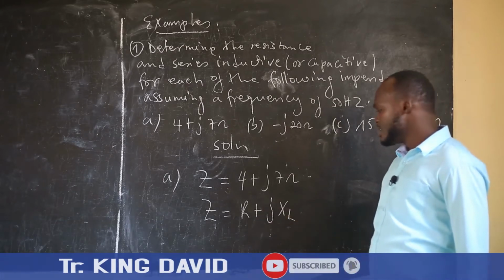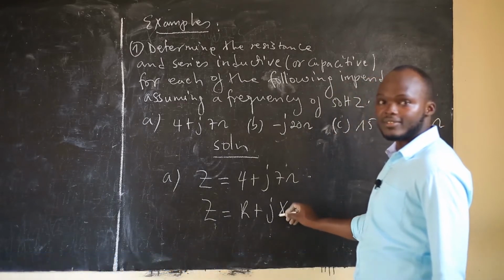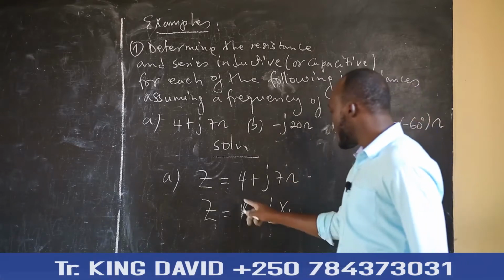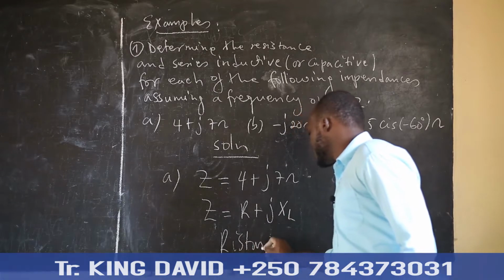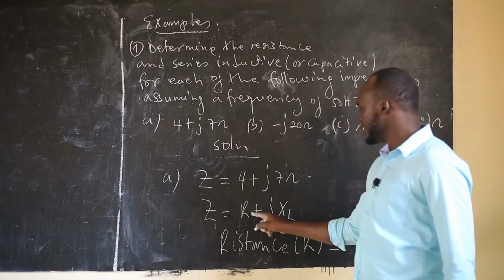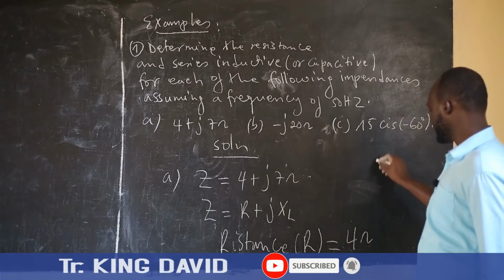Since we have positive here, it means that we have inductive reactance. Now our R, which is resistance, is this 4. Now it is 4 ohm.